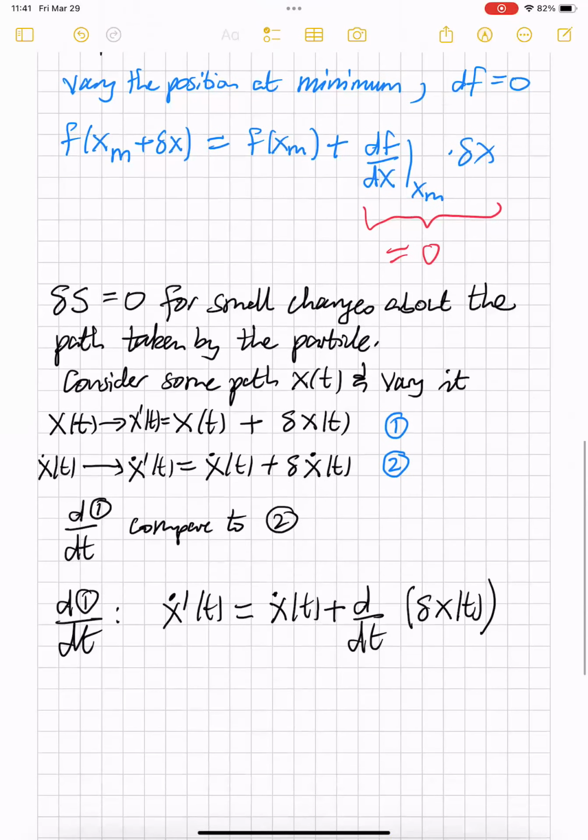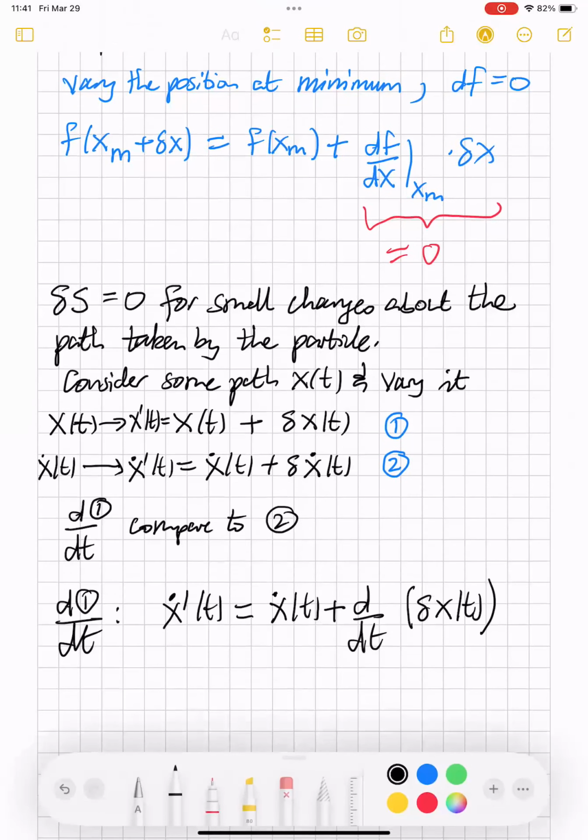And now compare these equations. So if you look here, this term, x prime dot, agrees. So the left-hand side of 2 and our new equation agree. The first term on the right-hand side of 2 agrees with the first term on the right-hand side of our new equation. So those last terms must also agree, okay?